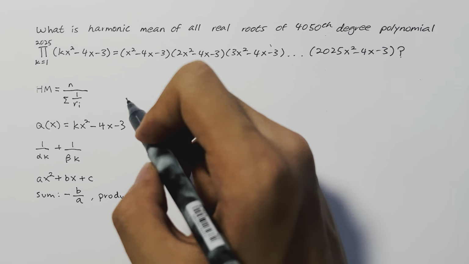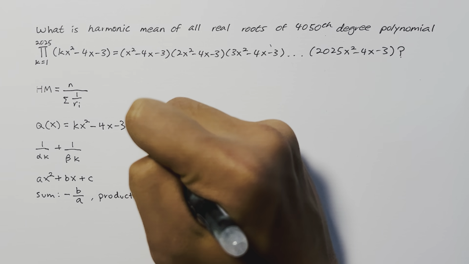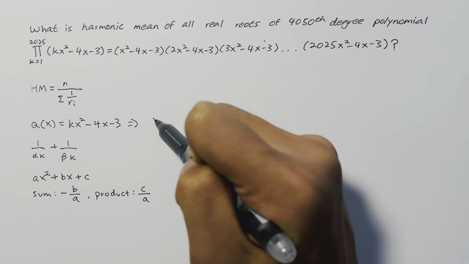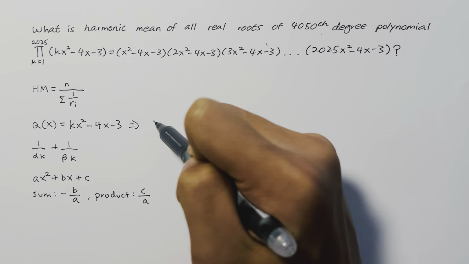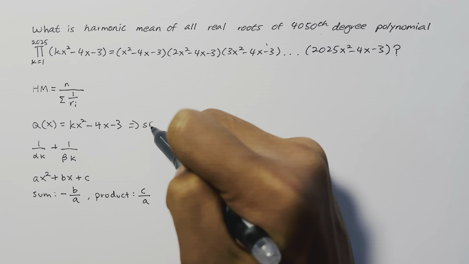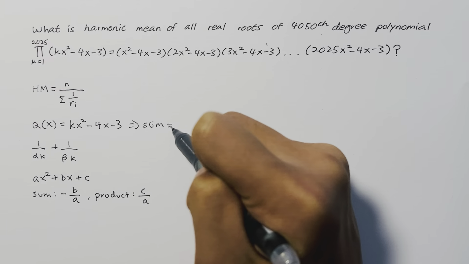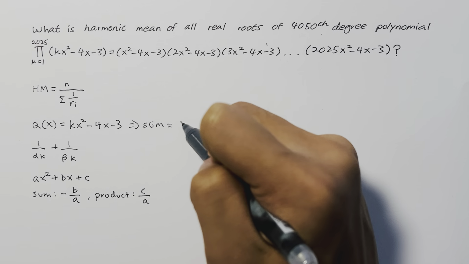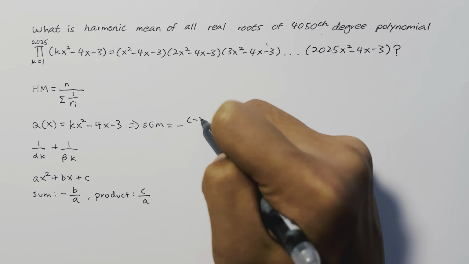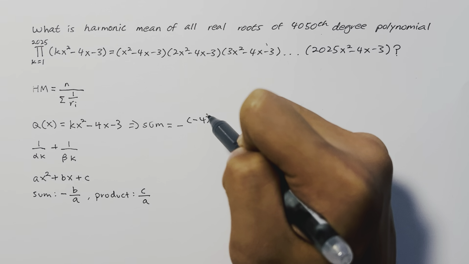So the sum will equal the negative of negative 4 over k.